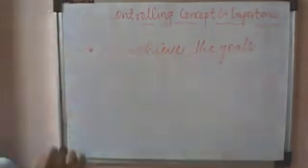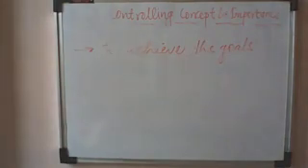Controlling helps to achieve the goals of the organization because it is treated as a goal oriented process or goal oriented activity.